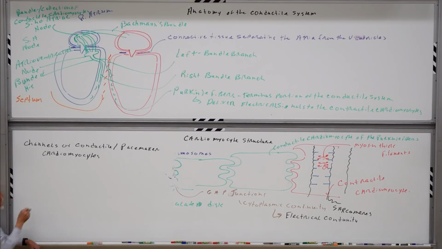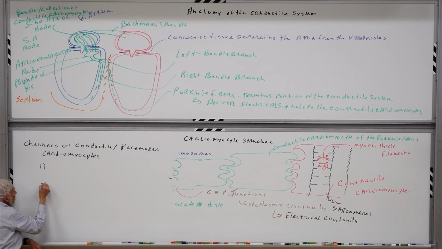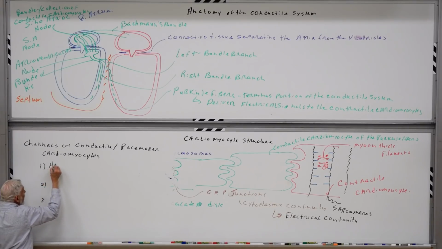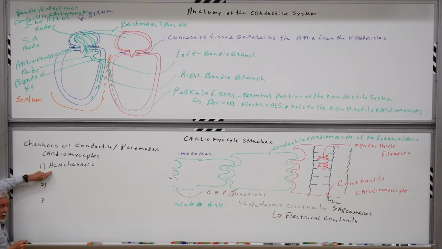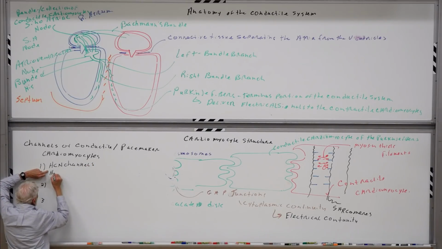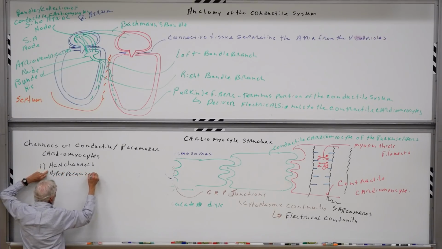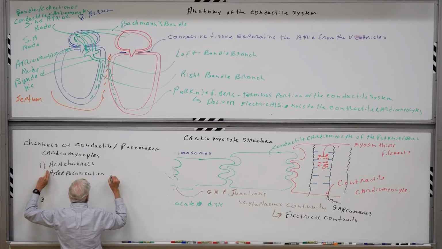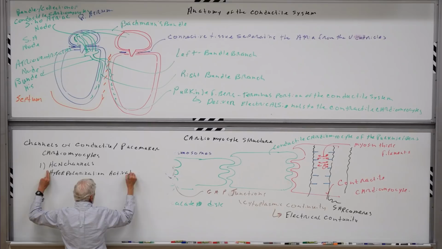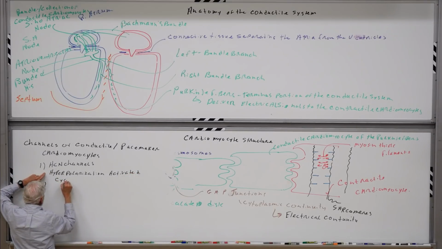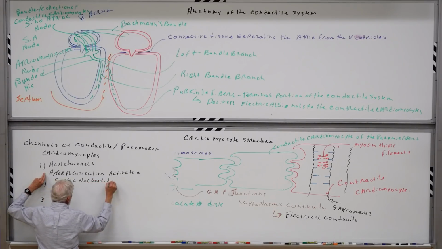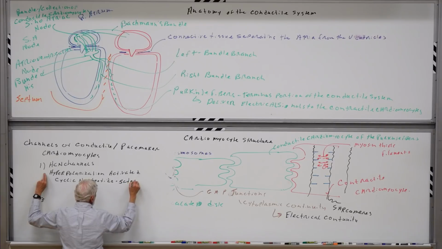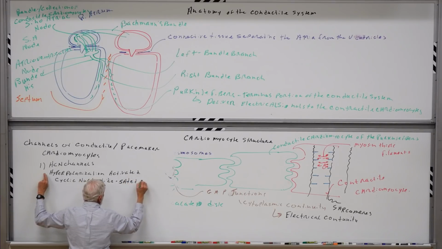The three major kinds of channels in these cells are first the HCN channels. HCN stands for hyperpolarization-activated cyclic nucleotide-gated channels.